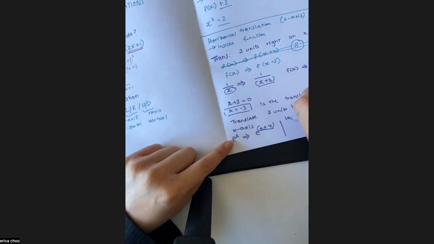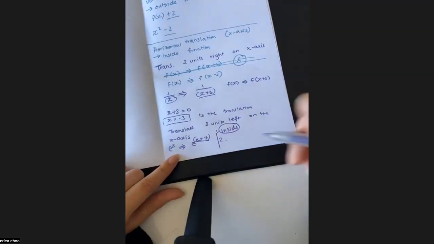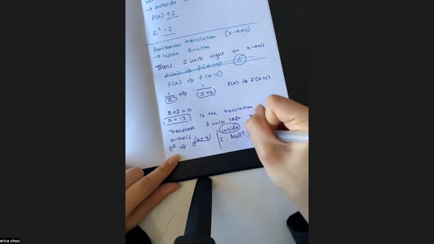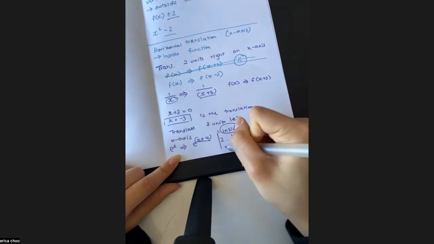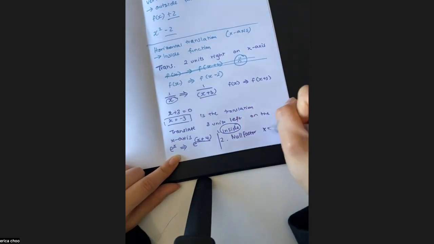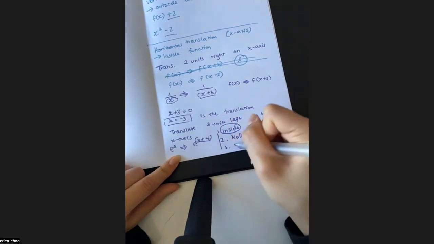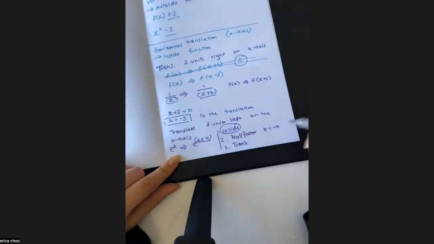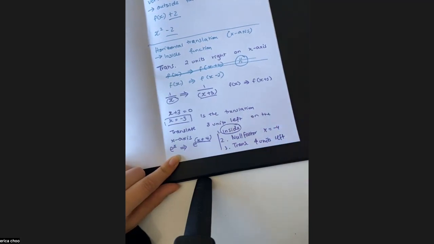So first step, inside; second step, use null factor. What you get is x equals negative 4. Therefore, it's translate 4 units left on the x-axis.